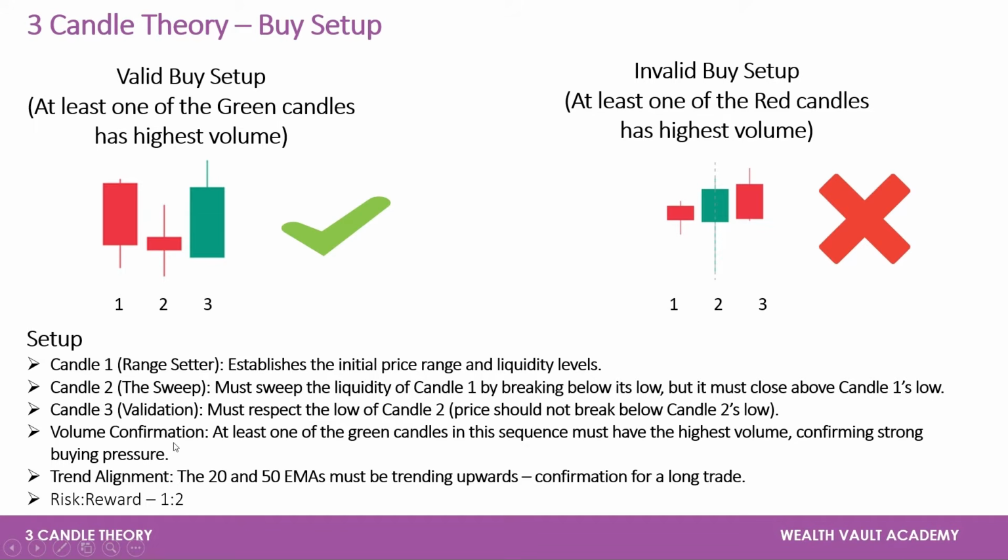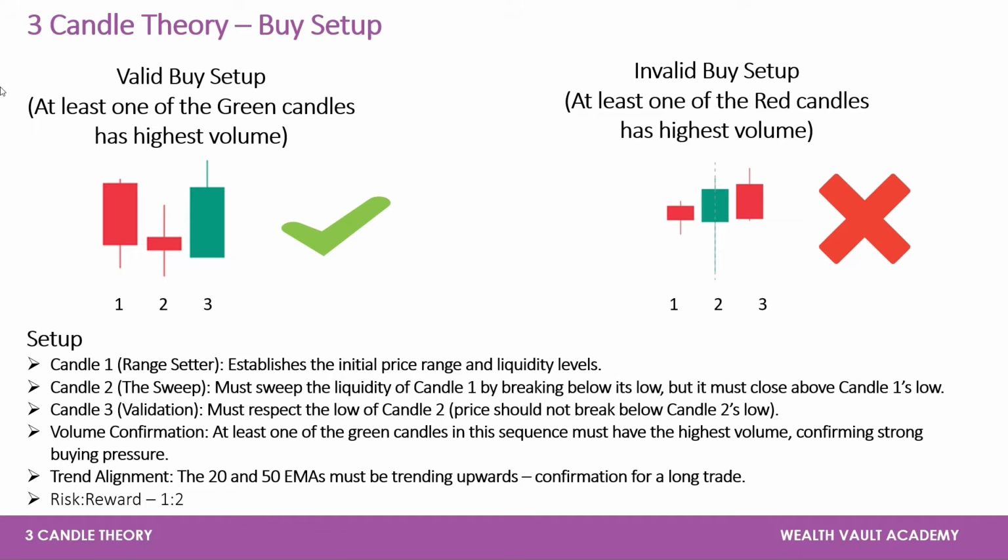Volume confirmation: at least one of the green candles in this sequence must have the highest volume, confirming the strong buying pressure. Remember this thing. This is the most important thing because you are going to take a buy trade. So the green candle out of these three candles must have the highest volume. Sometimes it may happen that all three candles are green.